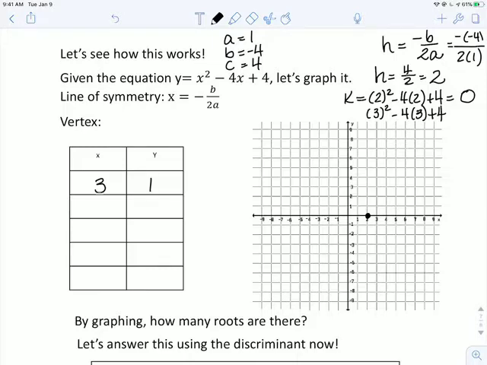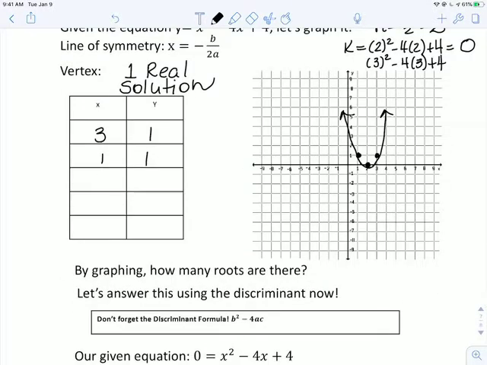So 3, 1 is a point, and then use symmetry to get the other point, 1, 1. And then that gives you your graph. And we can clearly see that this quadratic has one real solution by graphing it.